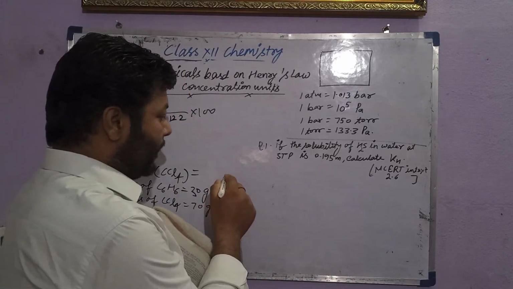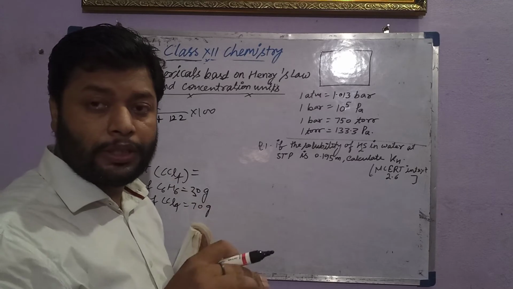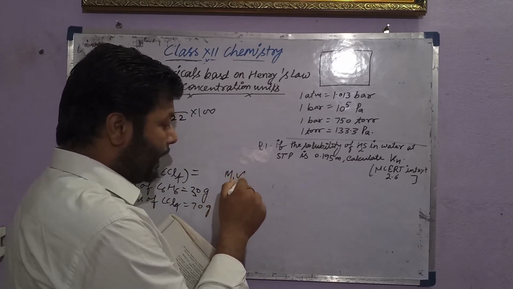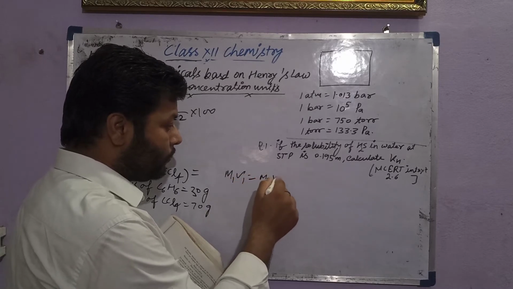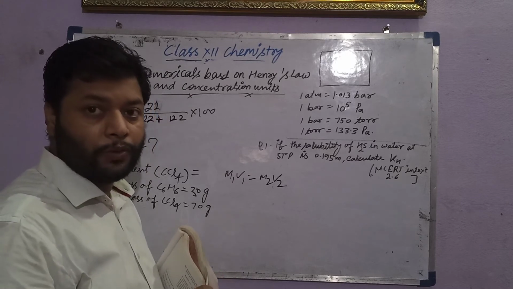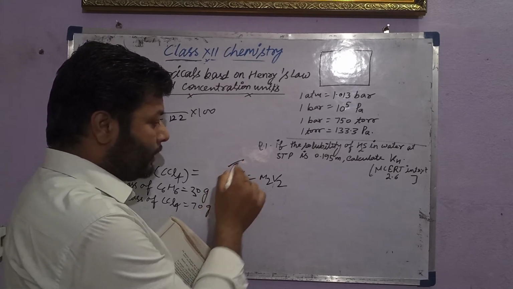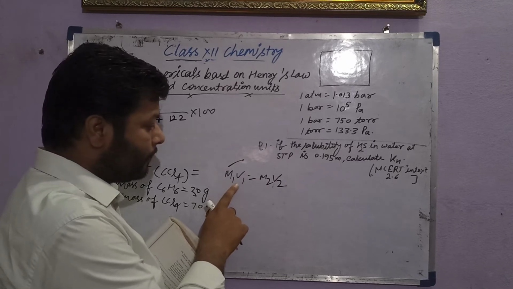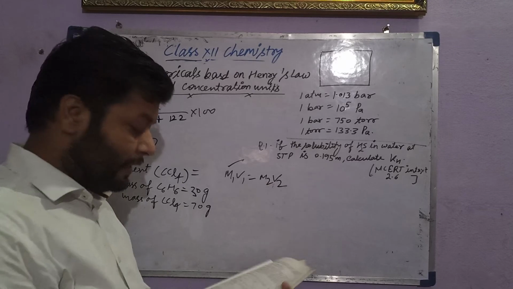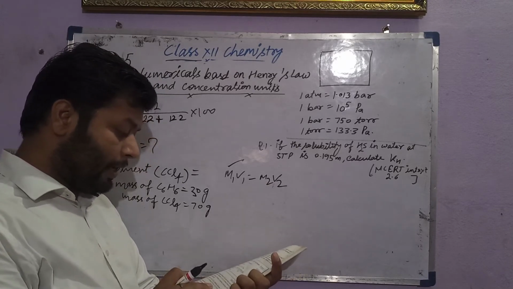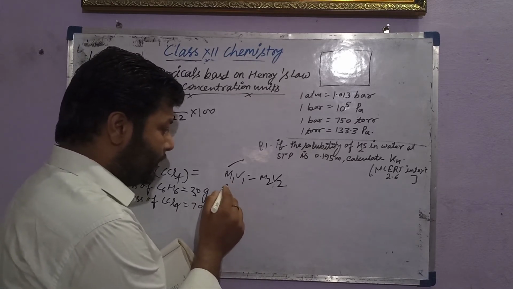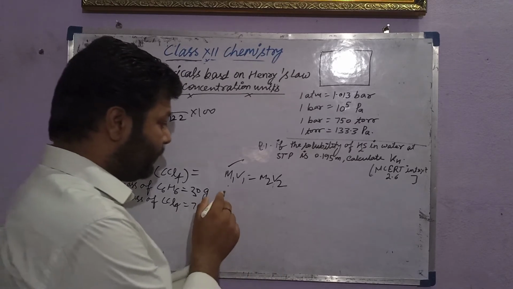If the solution is going to be diluted, there is a dilution formula called M1V1 equal to M2V2, where M1 is the initial molarity, V1 the initial volume, M2 the final molarity, and V2 the final volume. So there is given 30 ml of 0.5 molarity H2SO4. So V1 is 30 and molarity is given 0.5.